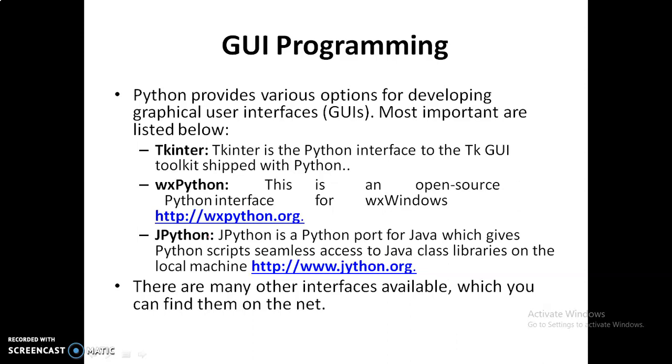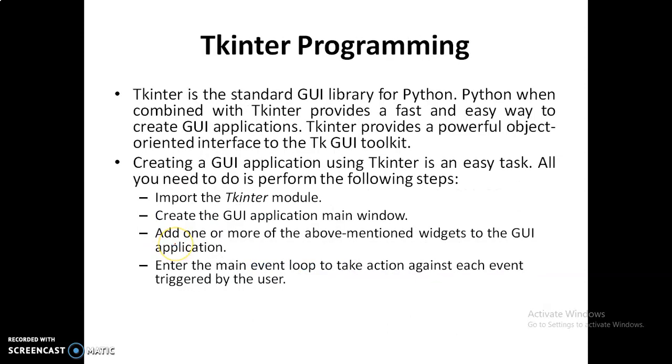Another one is JPython. This is especially used with the Java language and the Python programming language. Whenever you want to use Java programming interfaces or Java libraries, you can use JPython, which connects both Java and Python. We will see how to use tkinter and how to develop different applications.